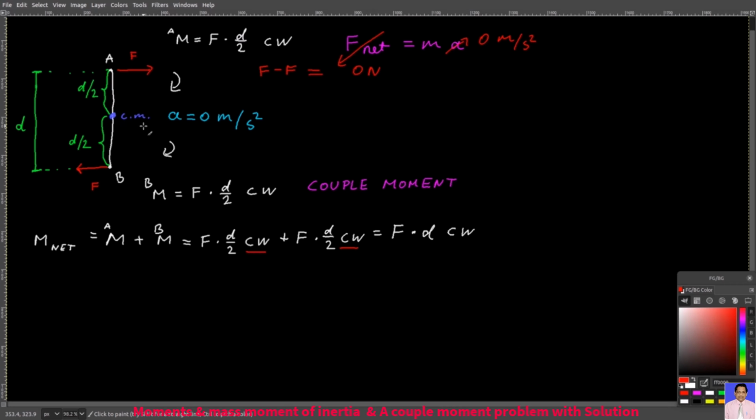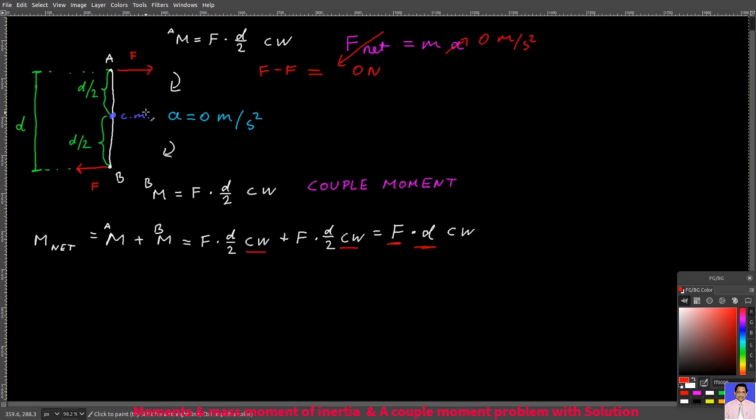Also, as you have seen, instead of getting this net moment traditionally, like we have done here, in case of a couple moment, you can just take that force F and multiply it by d, which is the total perpendicular distance between these two forces.